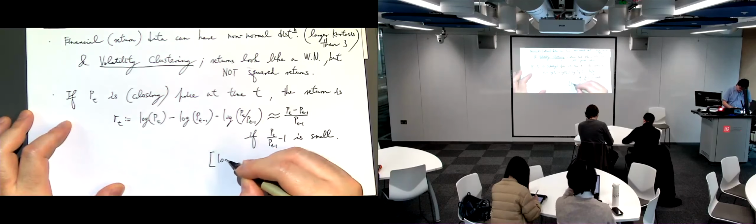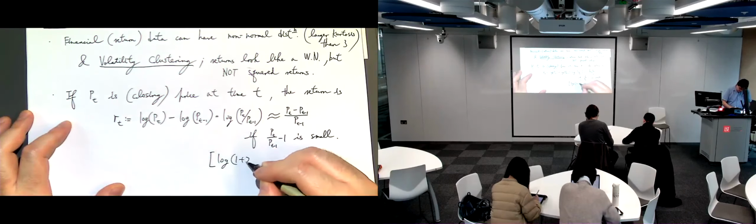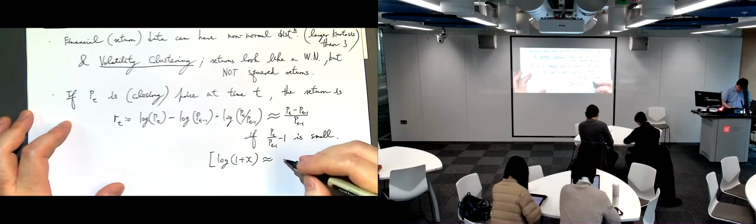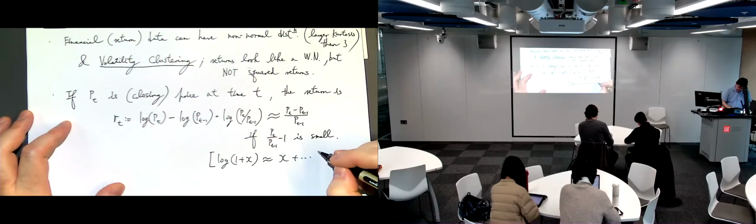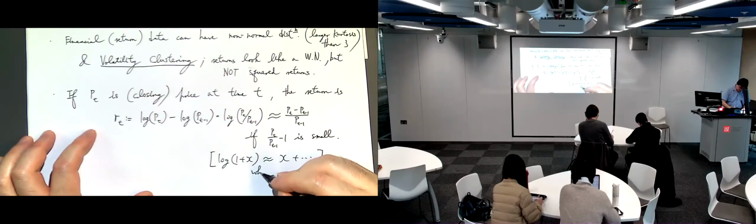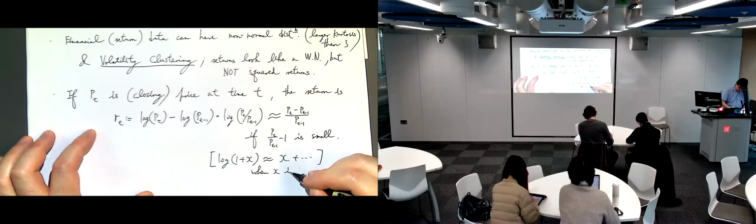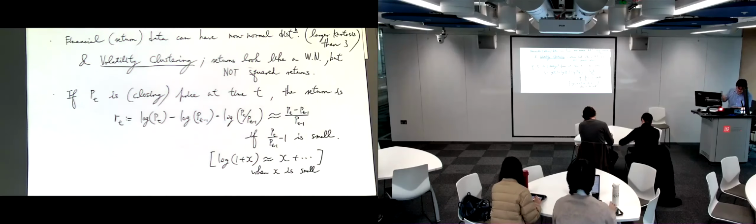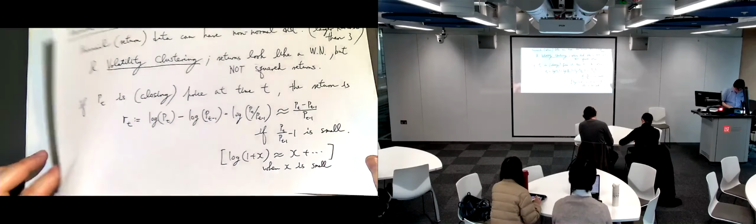Log of 1 plus x is close to x plus something, when x is small. Basically, log of 1 plus x has the first term in the Taylor expansion at x when x is small. That's what I'm saying, okay?